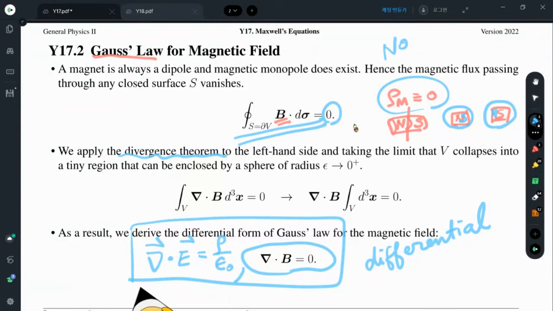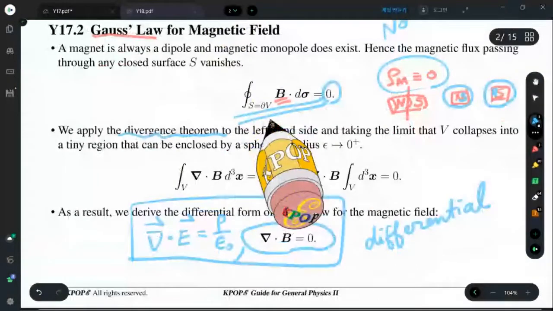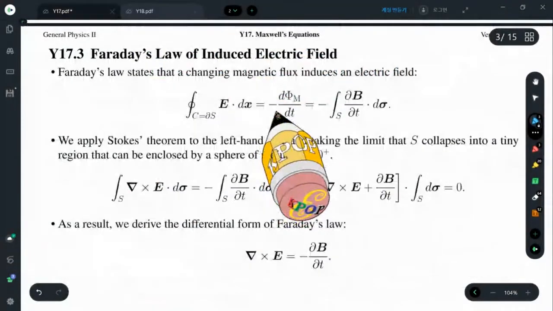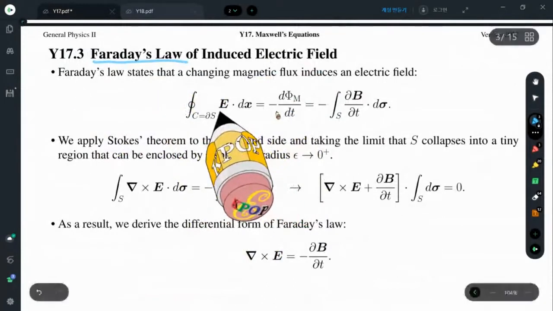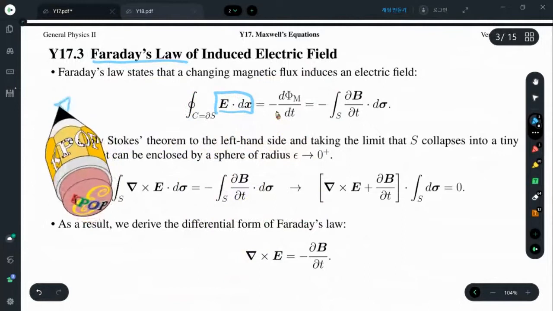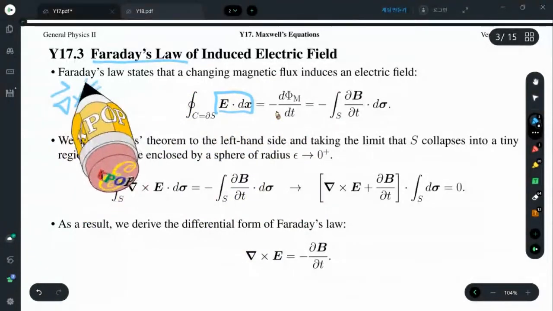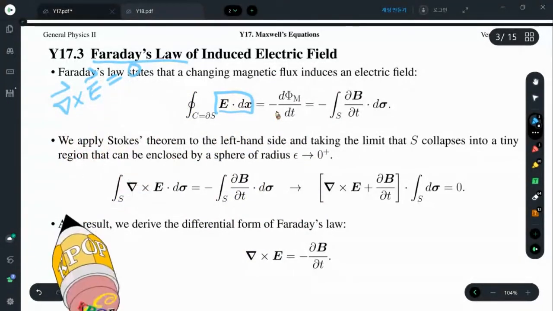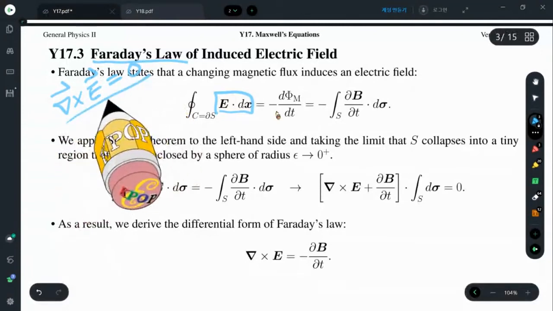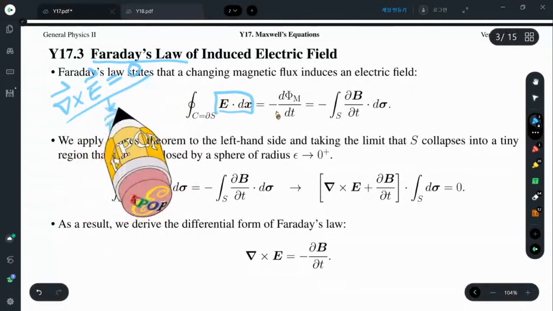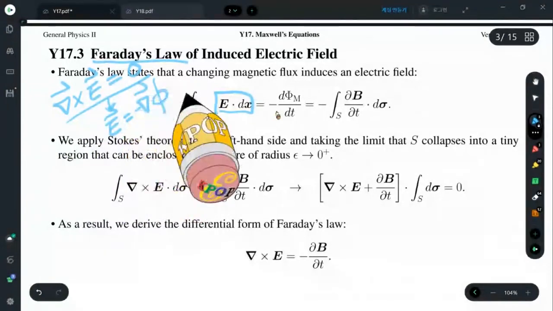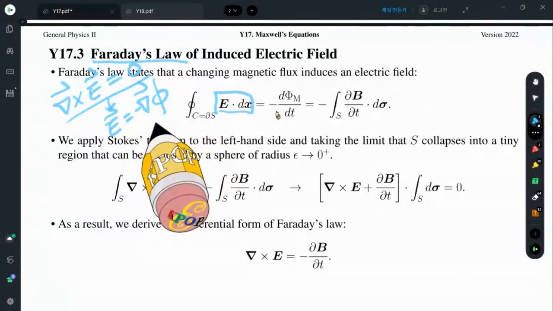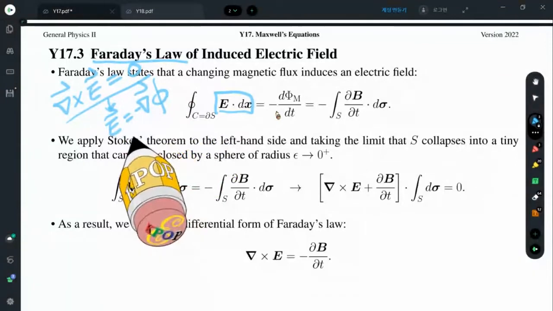Now we learn the other two Maxwell's equations. The third Maxwell's equation is called Faraday's law. And we know the electric field is usually irrotational. Because of this, we can define the potential, and the potential's minus gradient is always the electric field.